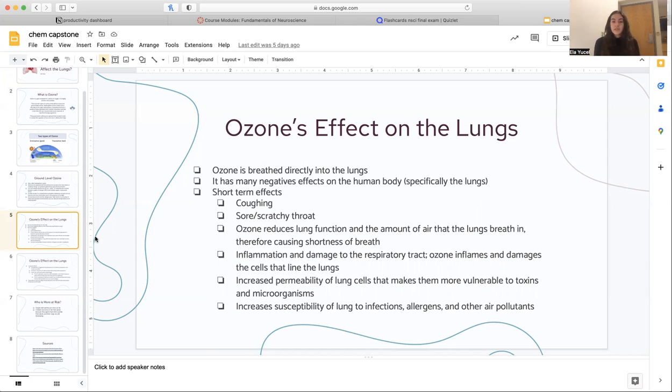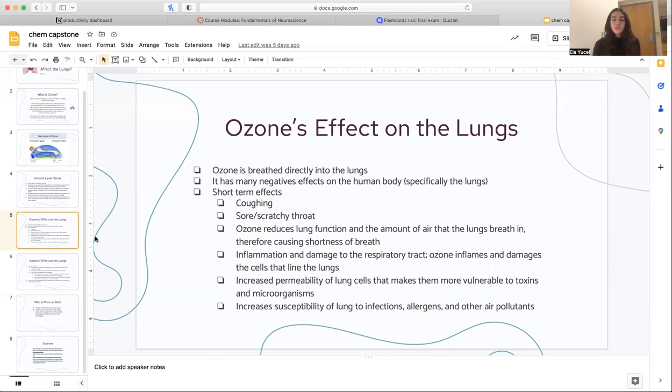It also increases the permeability of lung cells, which makes them more vulnerable to toxins and microorganisms. So in addition to reducing the function of the lungs, it's making the lungs more susceptible to dangerous toxins and microorganisms that can get you sick and threaten your health.